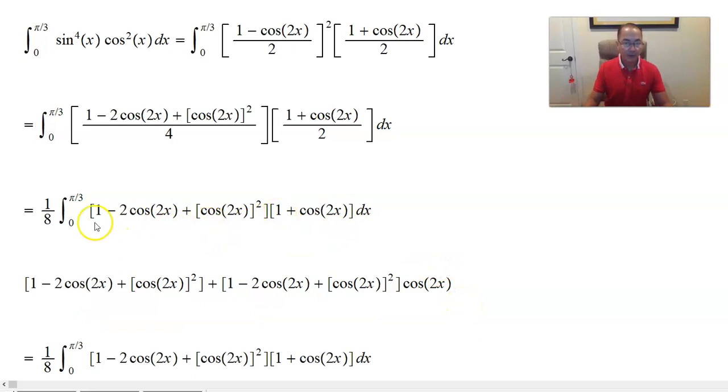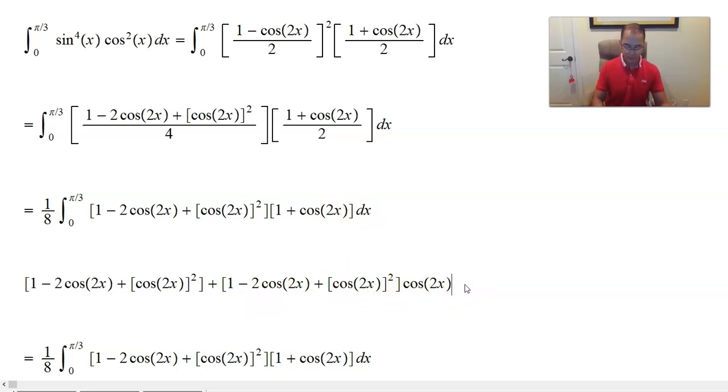We're distributing these 3 terms to these 2. So first, the 3 all get multiplied by 1, which means we get these 3 terms. And then the same 3 get multiplied by cosine 2x. So we get these 3 terms.